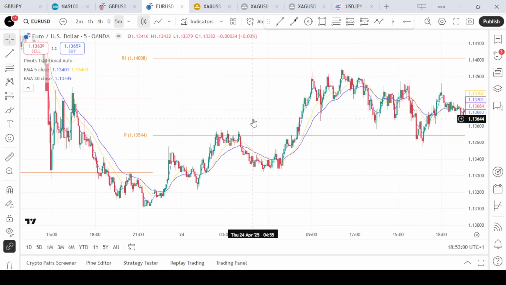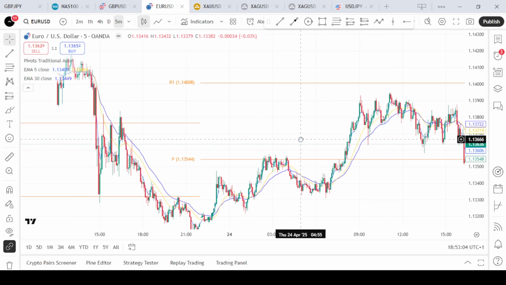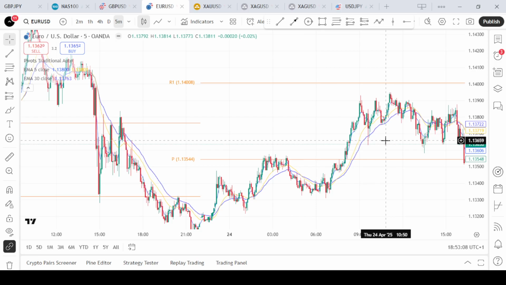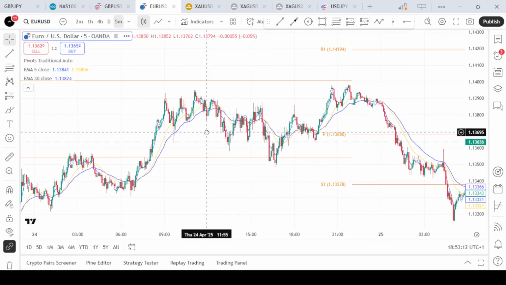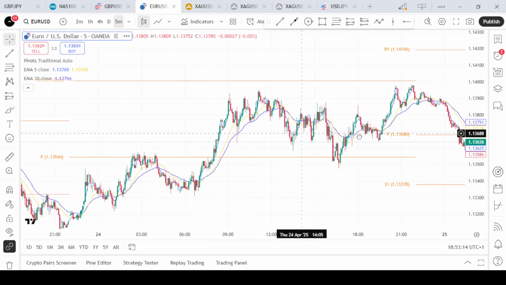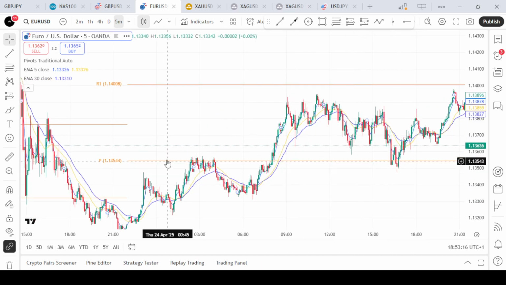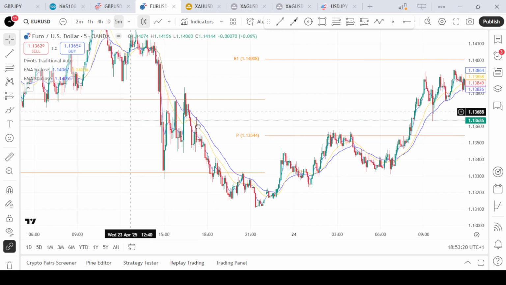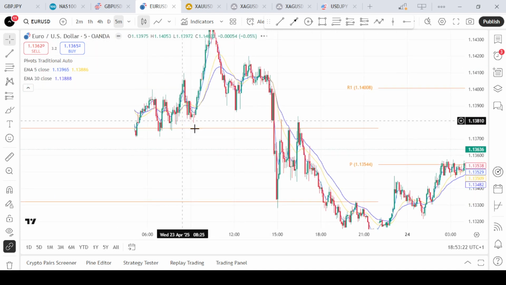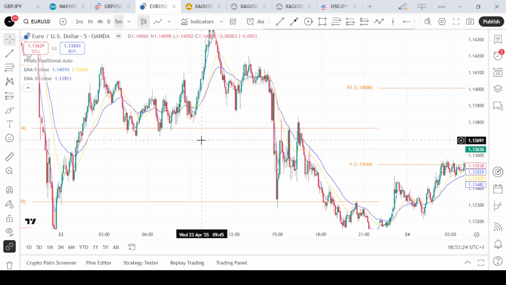Pivot points are unique because they are leading indicators, meaning they predict potential price movements rather than lagging behind like other indicators. As we can see from my chart, you can see the way price reacts from these pivot points on the chart. These are known as magical levels that make price react when price gets to this area.